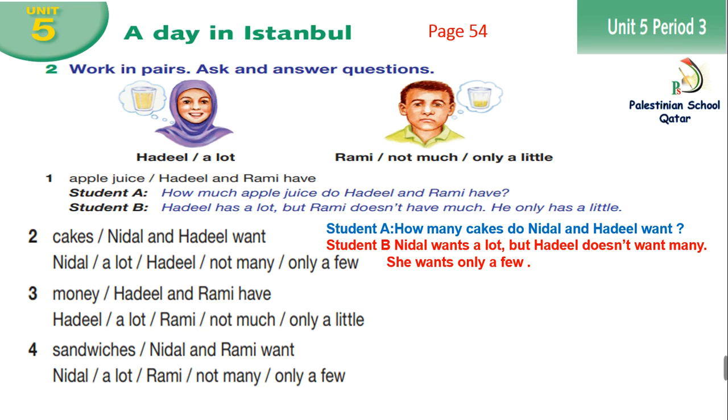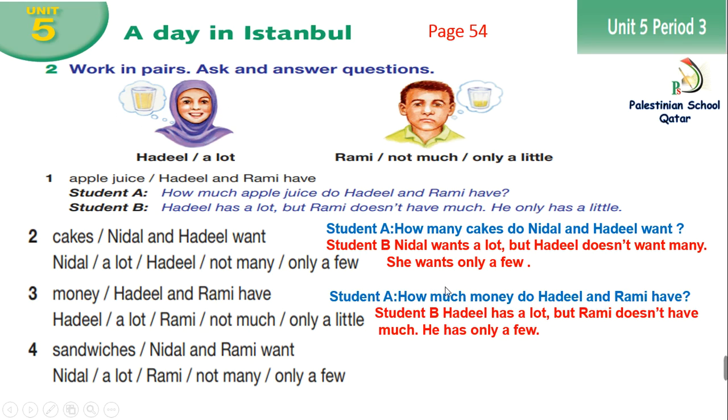How much money do Hadil and Rami have? Hadil has a lot, but Rami doesn't have much. He only has a little. Or we can say, he only has a few.